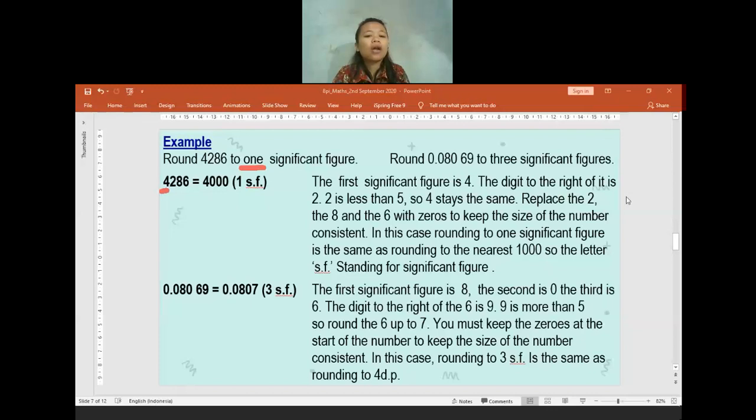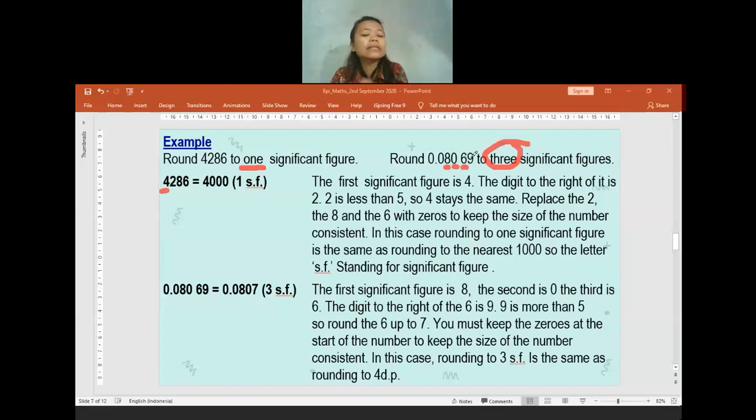In here, round off 0.08069 to 3 significant figures. Remember, when it is a decimal, the 0 in the front will not be counted as a significant digit. So the first significant digit will be 8. It says 3 significant figures, so we need to find the third significant digit. The 8 is significant, 0 is significant, so the third significant digit is 6.